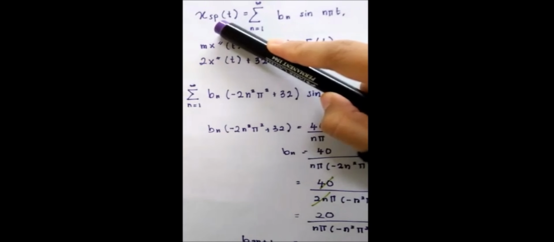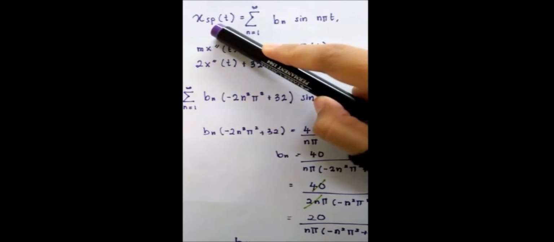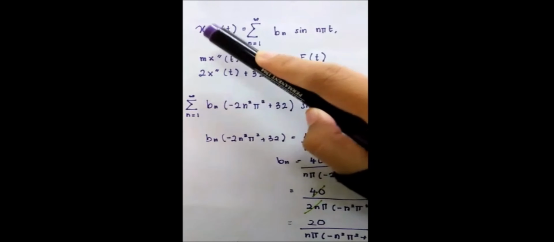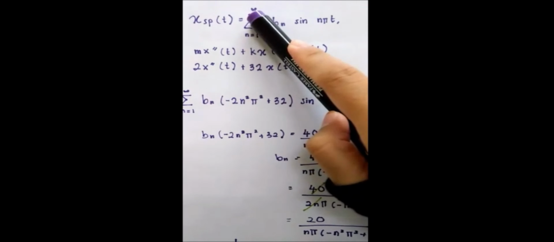Next, the f(t) that we got previously will help us to find xsp. First, to find xsp, we have to use this equation: xsp(t) equals the summation n equals 1 until infinity of Bn sin(nπt).